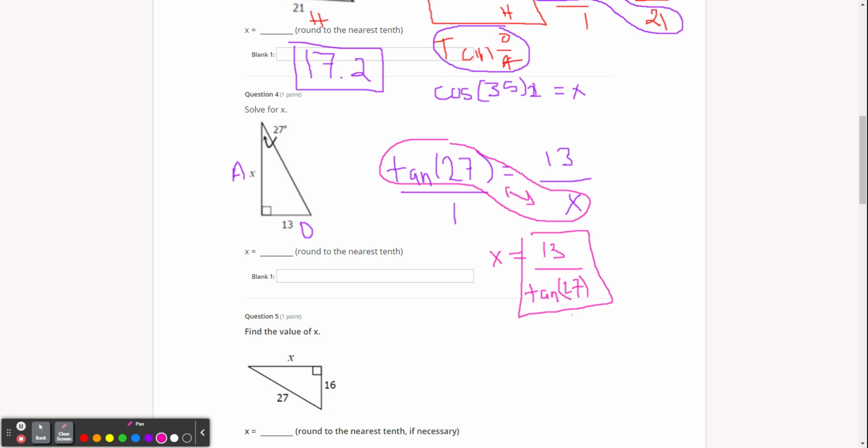Open a calculator. Make sure you can do it. You definitely want to make sure you know how to do it. My calculator is not going to help you on the SOL or in your test. What do we got?